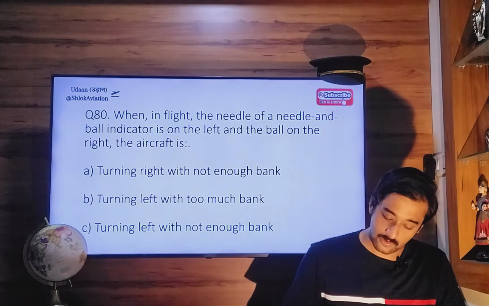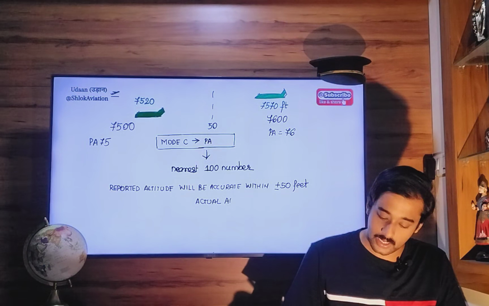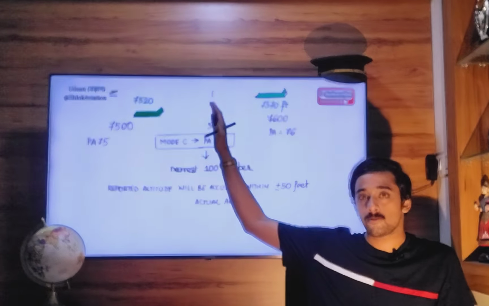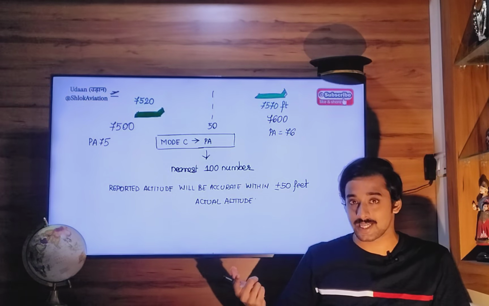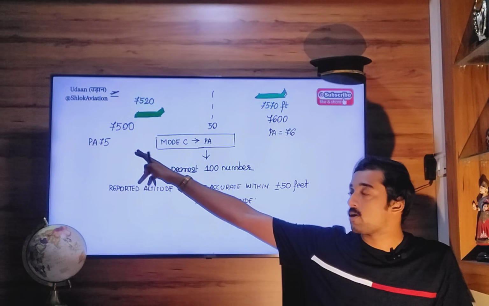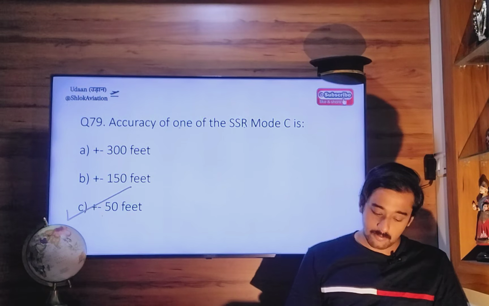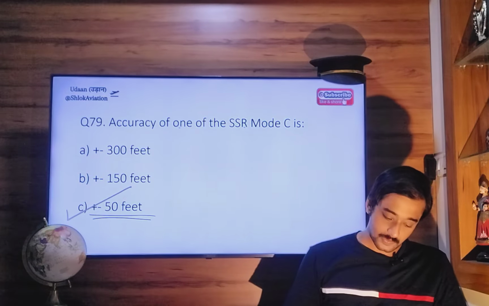Plus minus 50 feet of the actual altitude. Right? 50 is the dividing line. Any number more than 50 will be rounded off to the next 100. Less than 50 will be rounded off to the previous 100 number. So the accuracy will be plus minus 50 feet.